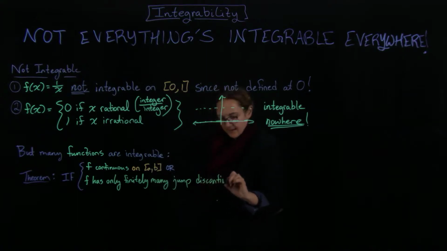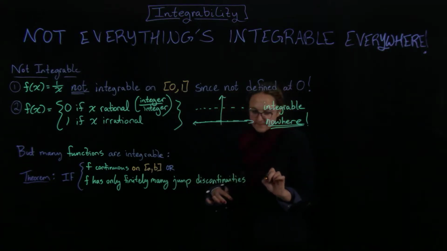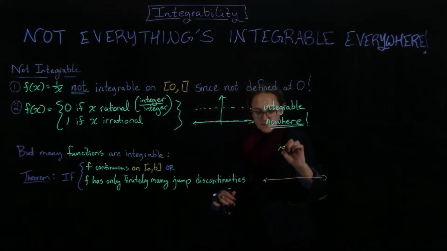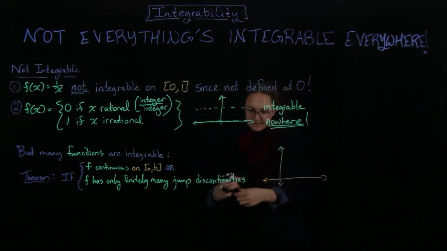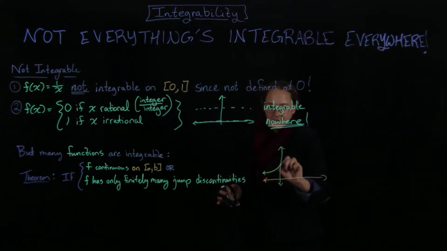What does that look like? I have a function where only finitely many times does it get funny. So it goes like here, and then maybe it jumps there.